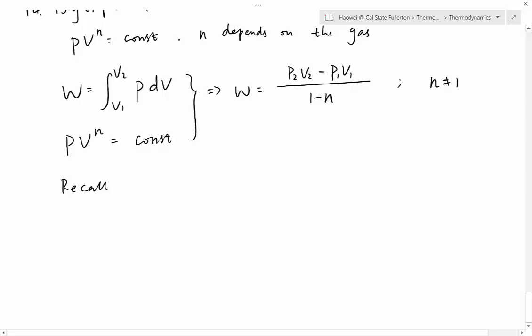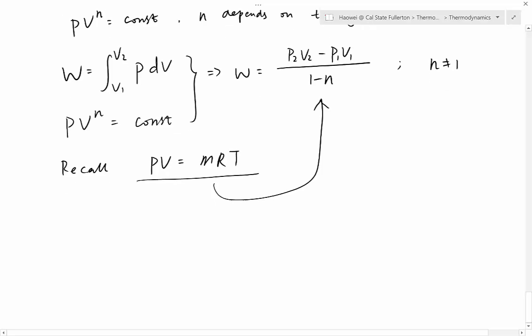Okay, so now let's recall. For the ideal gas equation, we have PV equal to mRT. So now we can plug this equation back into the equation above. We can rewrite PV with mRT.